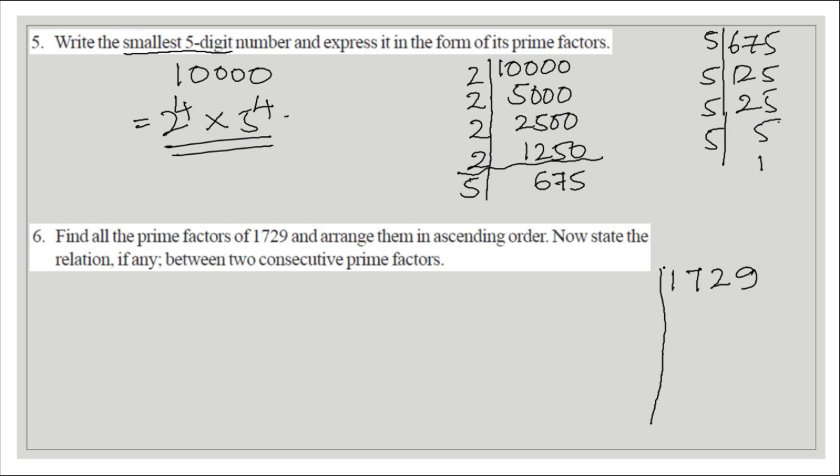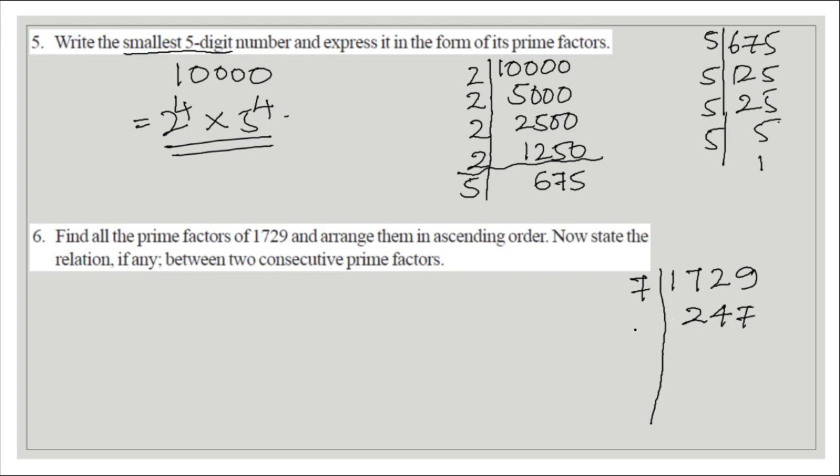Let us divide it by the next prime number, say 7. 7 divides it. 7 twos are 14, 3 remains, 32. 7 fours are 28, so 4 remains, 49. 7 sevens are 49. So it is divisible. The quotient 247 is not divisible by 7.